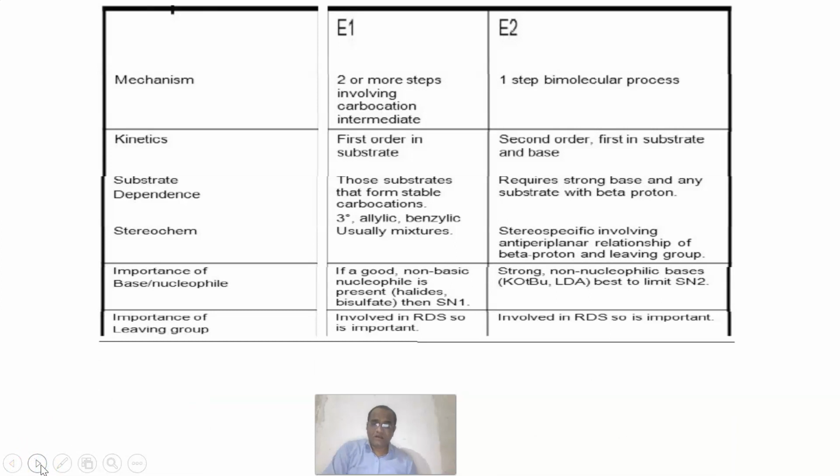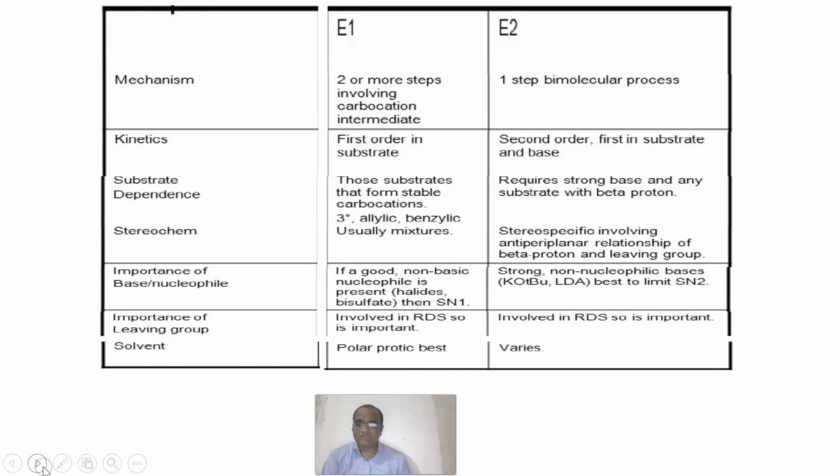After that, importance of the leaving group. RDS here means rate determining step. The rate determining step is important because in it there is a removal of the halogen. Involvement in the RDS is important in the case of E2 also.